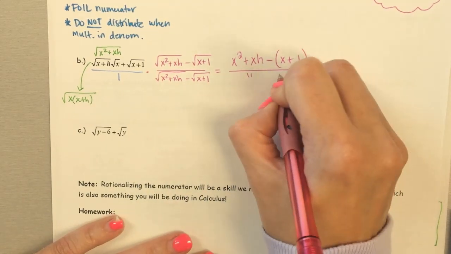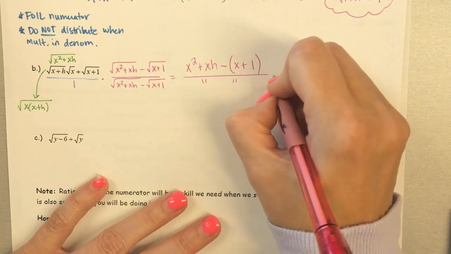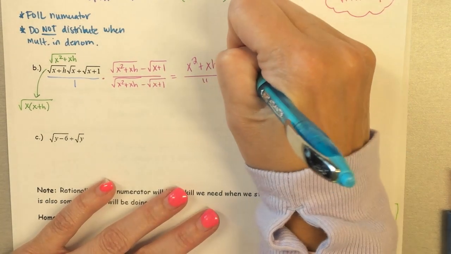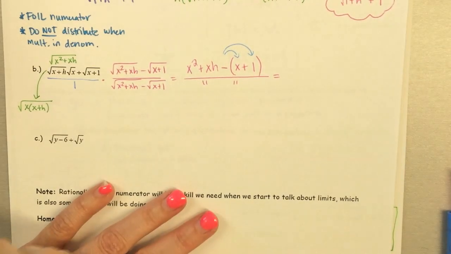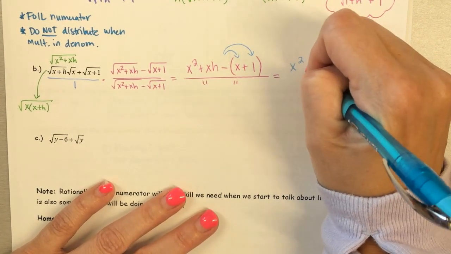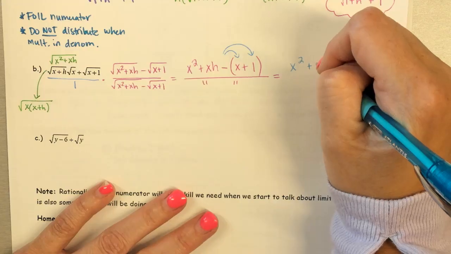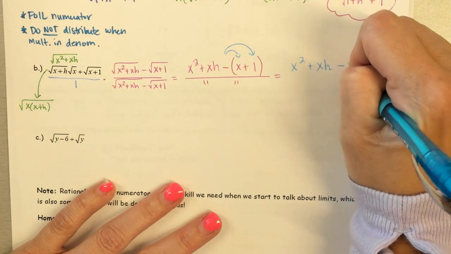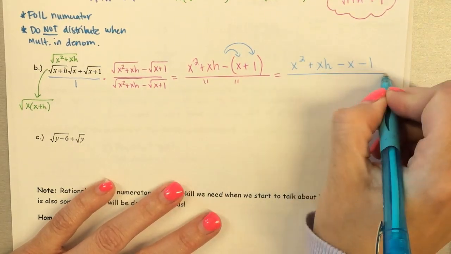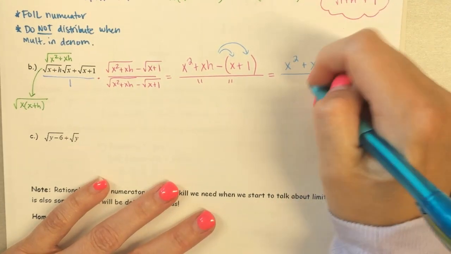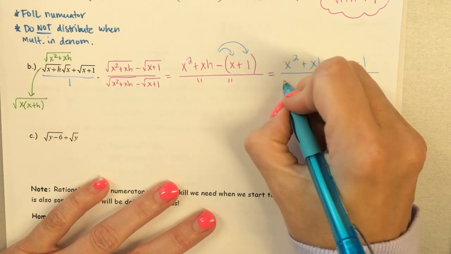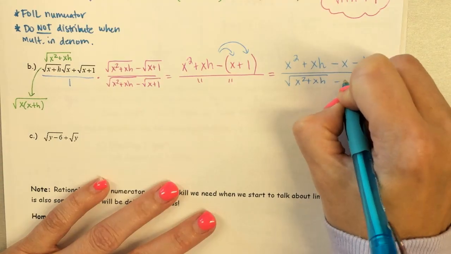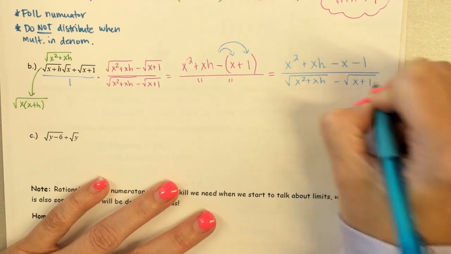We're just going to keep this the same for right now so we don't have to write that out every single time. And then we're going to distribute the negative here. So we have x squared plus xh, like I said, you can write this as xh or hx, minus x minus 1. We do need to make sure that's distributed. And then this is x squared plus xh minus x plus 1.